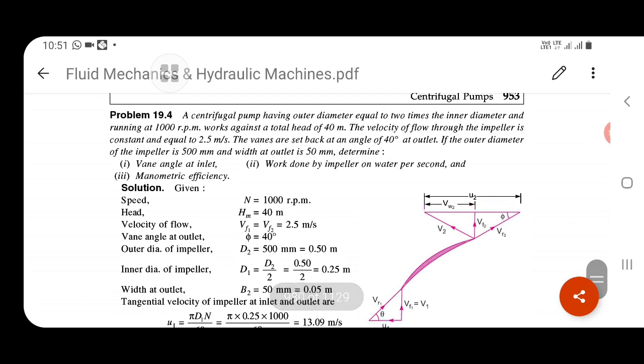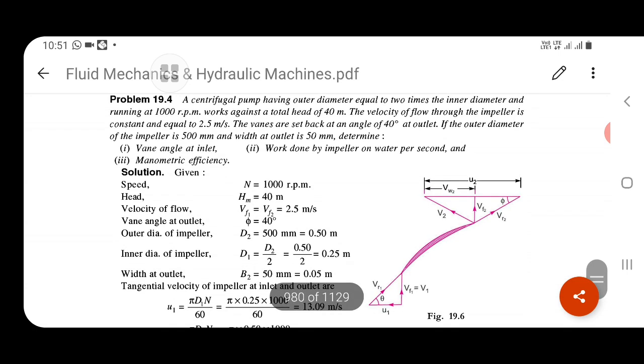So in that problem, the speed is 1000 rpm, Hm is 40 meter, Vf1 is 2.5 meter per second, phi is 40 degree, D2 is 500 mm, D1 is D2 by 2, that is 0.25, B2 is 50 mm, 0.05.